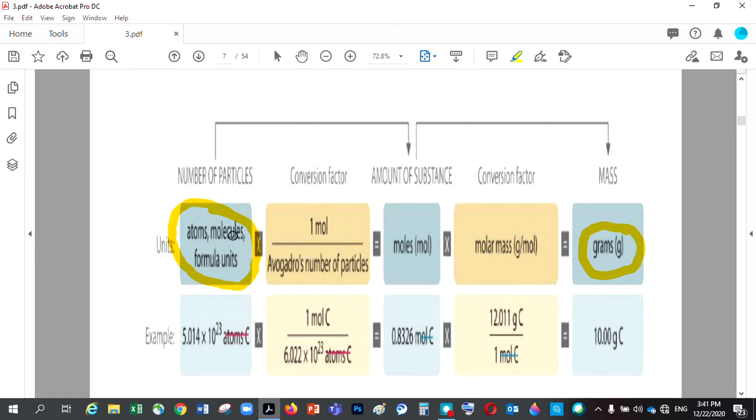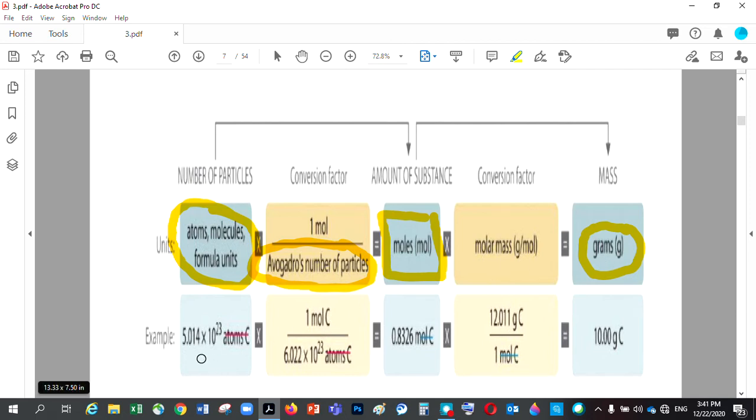Here is the opposite. I am given the atoms, molecules, formula units, or ions. I have to divide by Avogadro's number to reach the moles. If I have the moles, then I have to multiply this time by the molar mass. So the moles with the moles cancels out. I get number of grams.